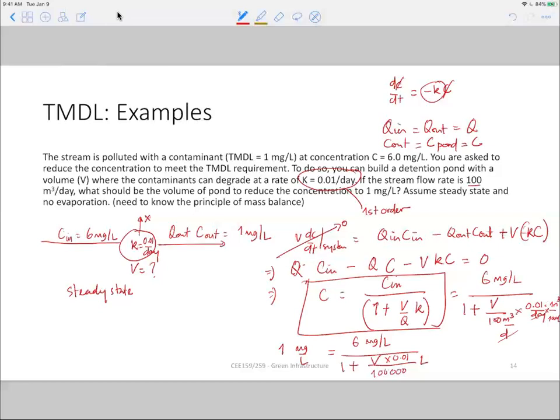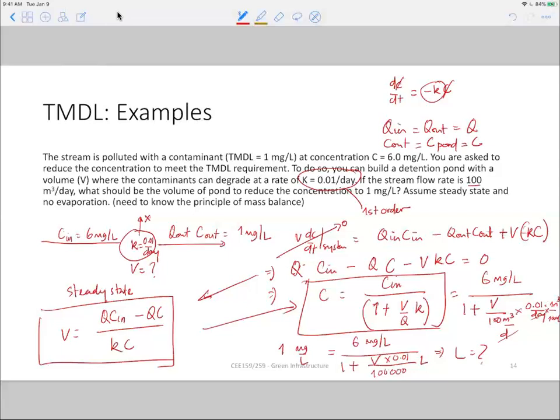So if you solve this equation, you can finally solve for V. Or another way, if you arrange this equation, what is V, then you could write V equal to Q C in minus Q C, divided by K C. So you could write all those values over here and solve for V directly.